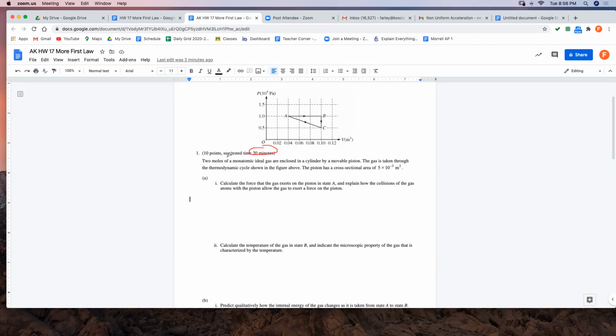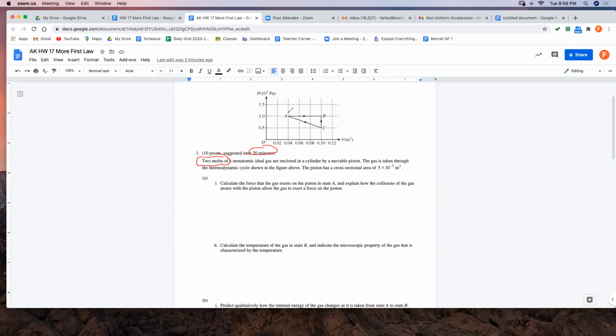So 2 moles of a monatomic ideal gas are enclosed in a cylinder by a movable piston. The gas is taken through the thermodynamic cycle shown in the figure above. The piston has a cross-sectional area of 5 times 10 to the minus third meters squared.